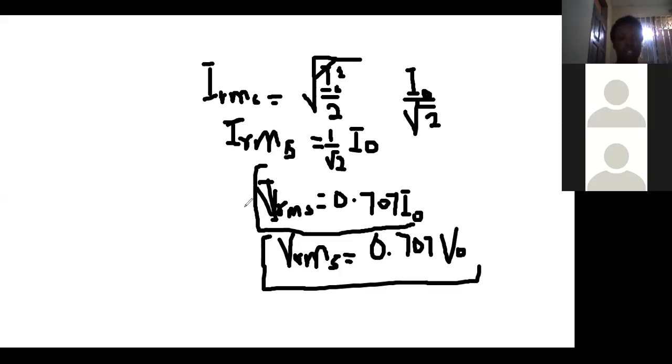So the question is you should first find the peak voltage, the peak current. Then we should find the period.